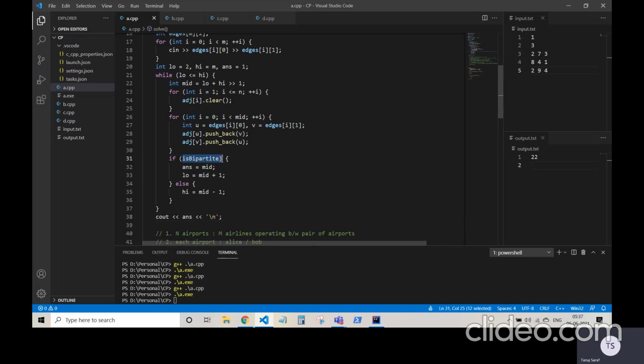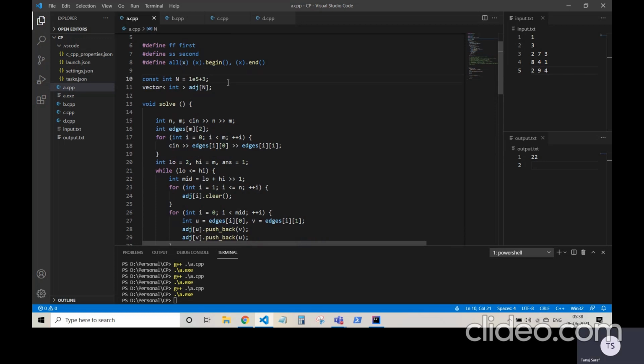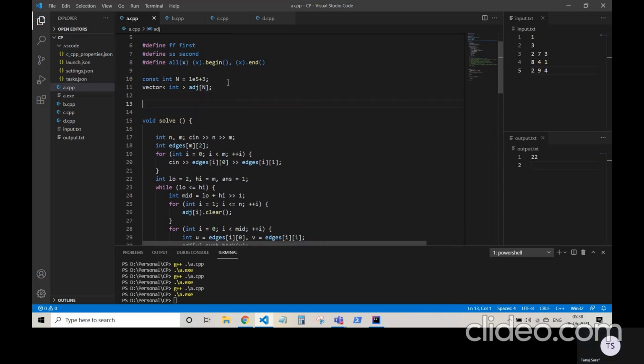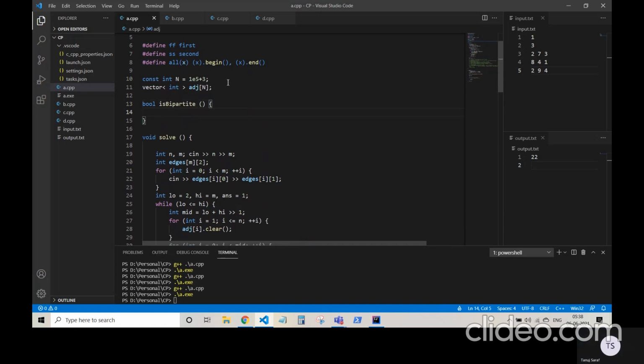So now all that is left is to implement this function is bipartite. So let's do that. Since we are adding edges between two airports, it might so happen that the entire graph is not connected yet, right?